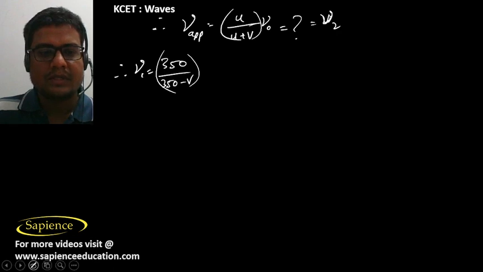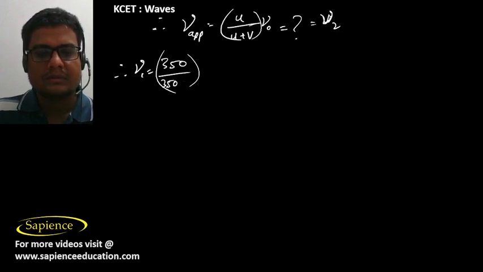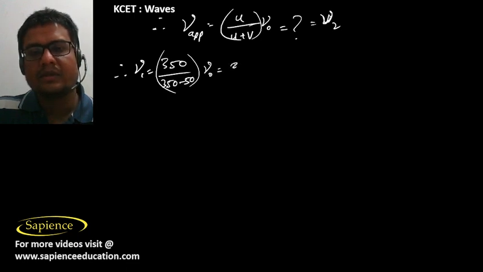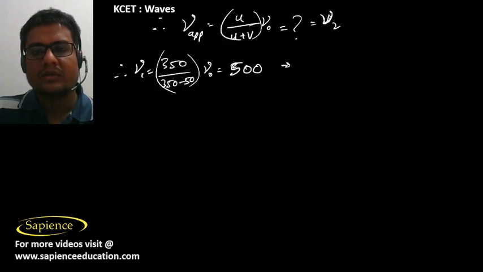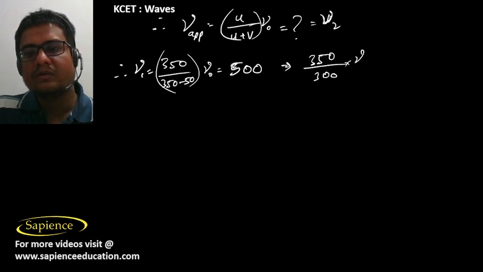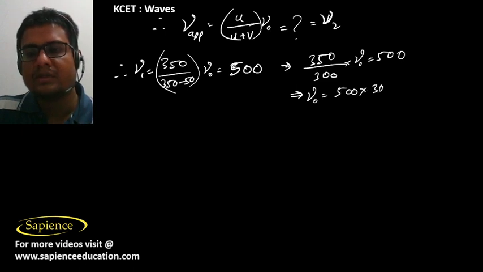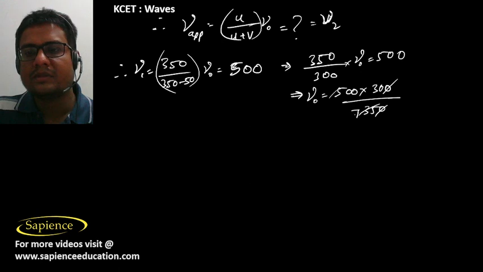So 350 minus 50 into nu naught is equal to 500, that is nu 1. From here we can find nu naught. 350 by 300 into nu naught is equal to 500. So nu naught will be the actual frequency, 500 into 300 divided by 350. So the 0 will cancel, 5 sevens are 35. So this is 3000 divided by 7 hertz.